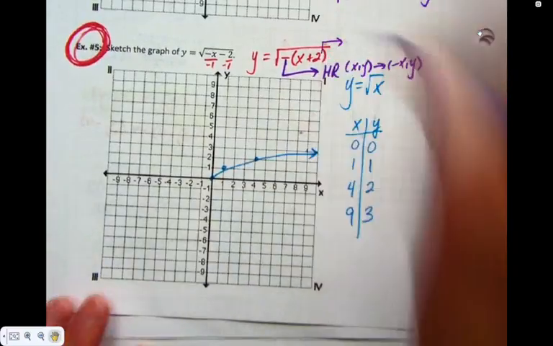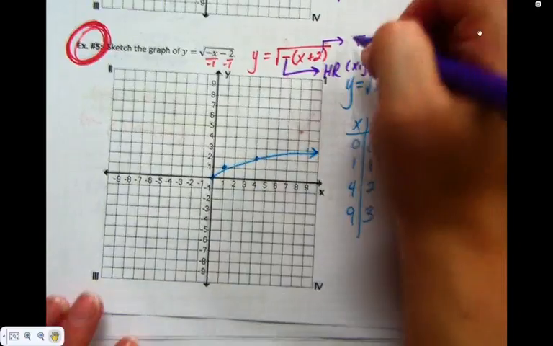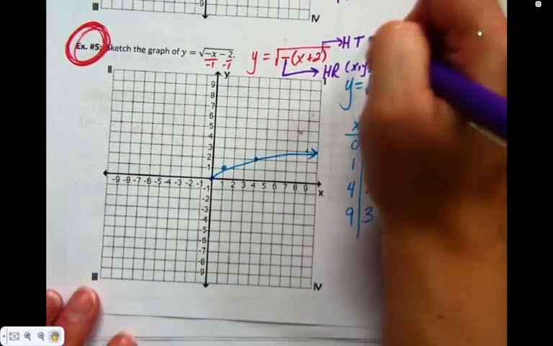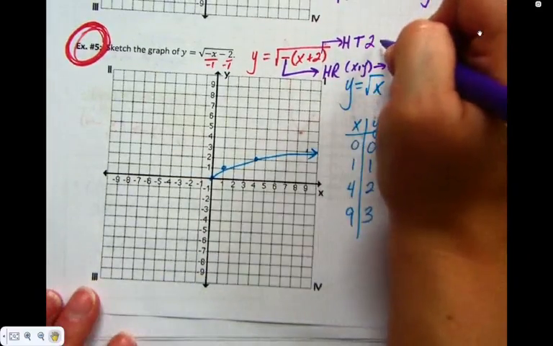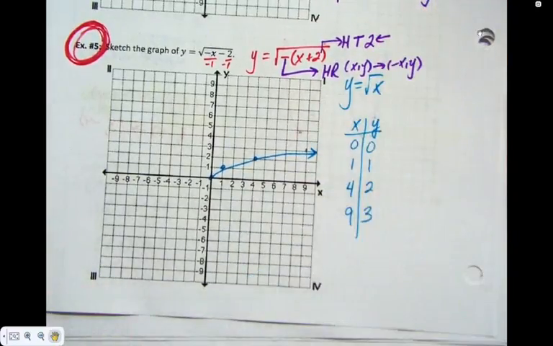The 2, because it's an addition, it's a translation. Because it's inside brackets, it is horizontal. 2 units to the left. Any questions on the mapping or how we identified them or how we knew what was going on?